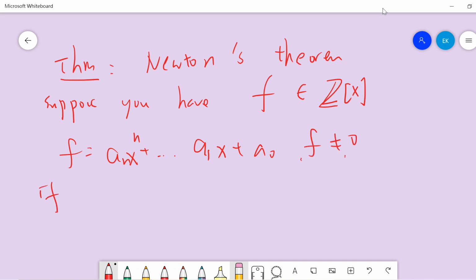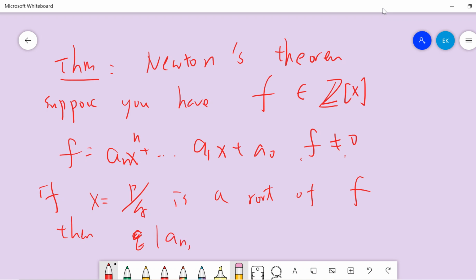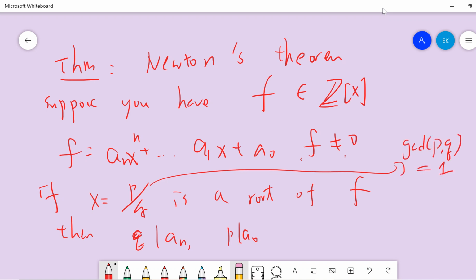If x equals p over q is a root of f, then q divides a_n and p divides a_0. This p over q needs to satisfy the additional condition that p and q should be coprime.